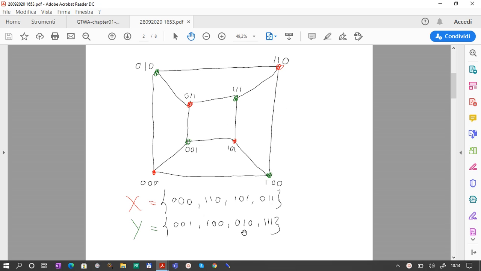And in Y, all k-tuples whose number of ones is odd. Okay.